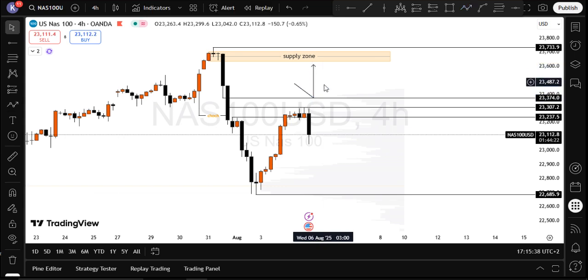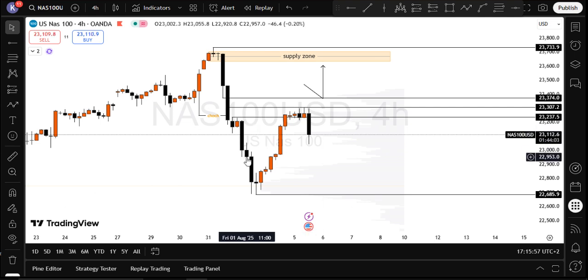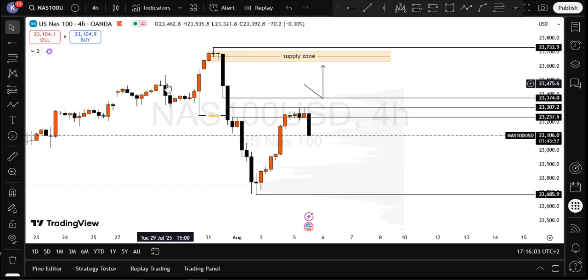Here we saw the market failing to break above the fair value gap, struggling to break it. So we are looking for selling opportunities. That's where we are done finding out our daily bias, meaning we are looking for selling opportunities from the fair value gap.